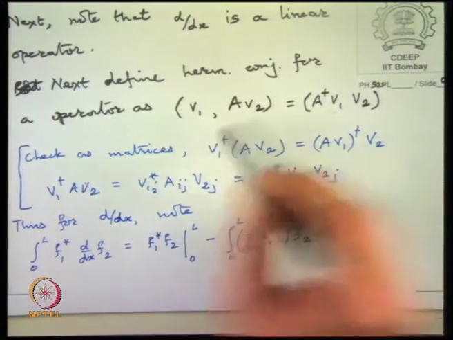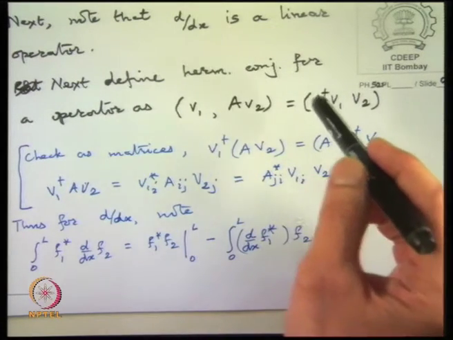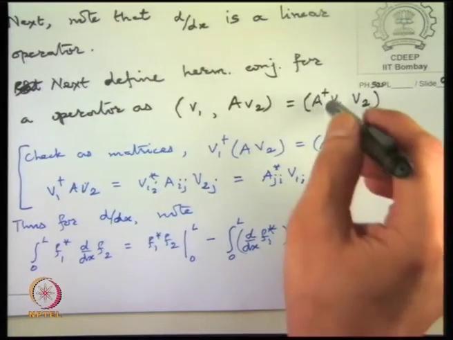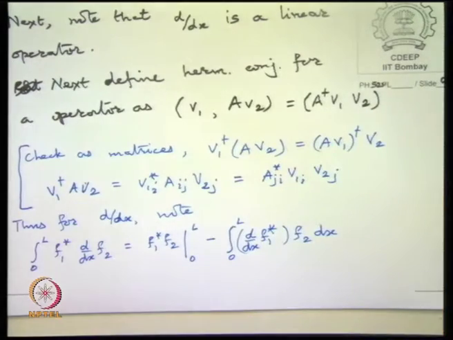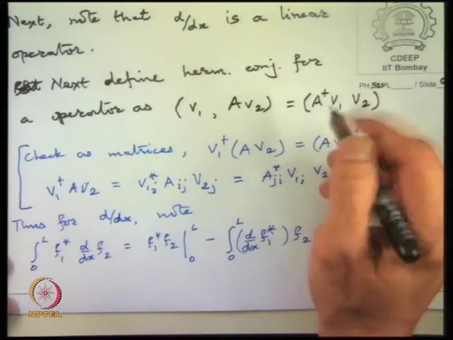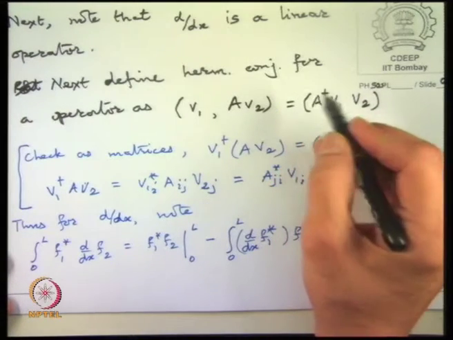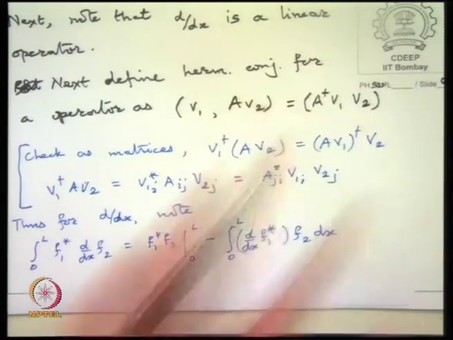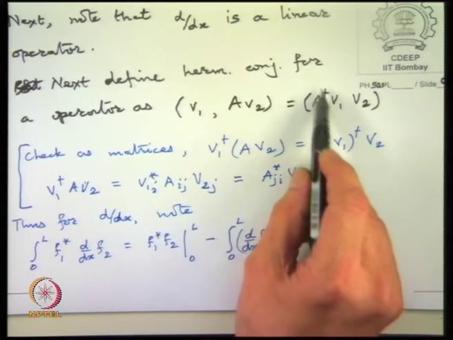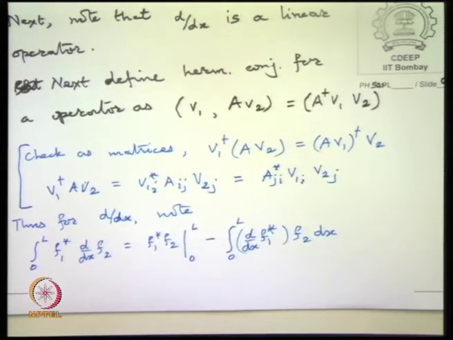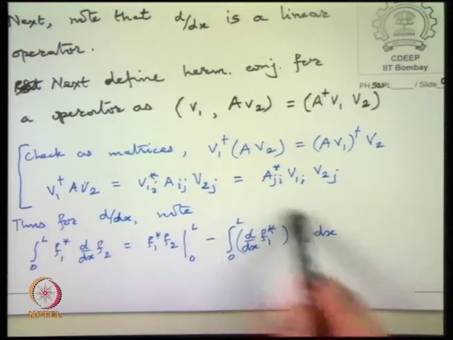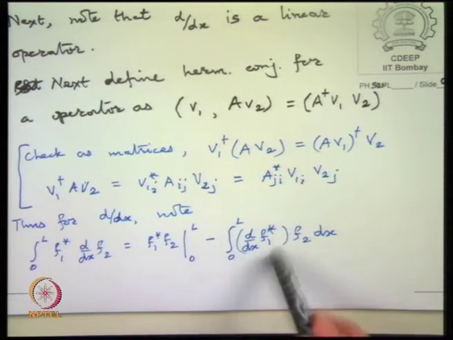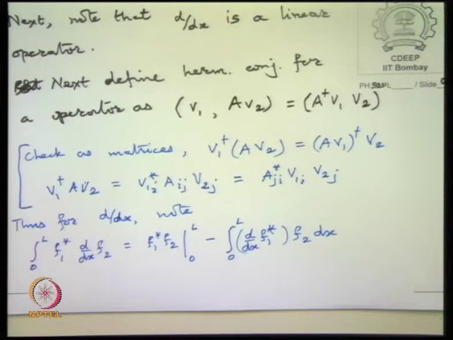But the definition of adjoint is whatever that produces. That's right. So this was correct, and what we say is if this is same as A, then it is self-adjoint. For X to be self-adjoint now, we should somehow have this also give the same answer as this.